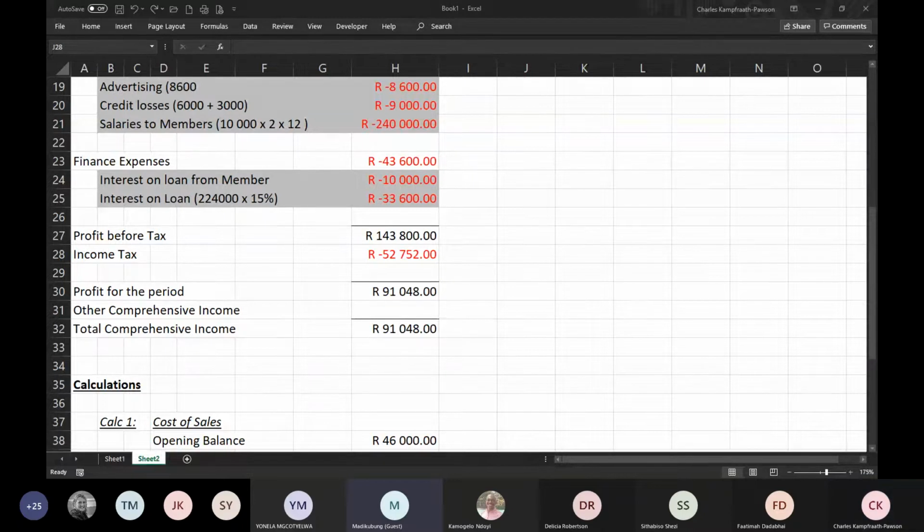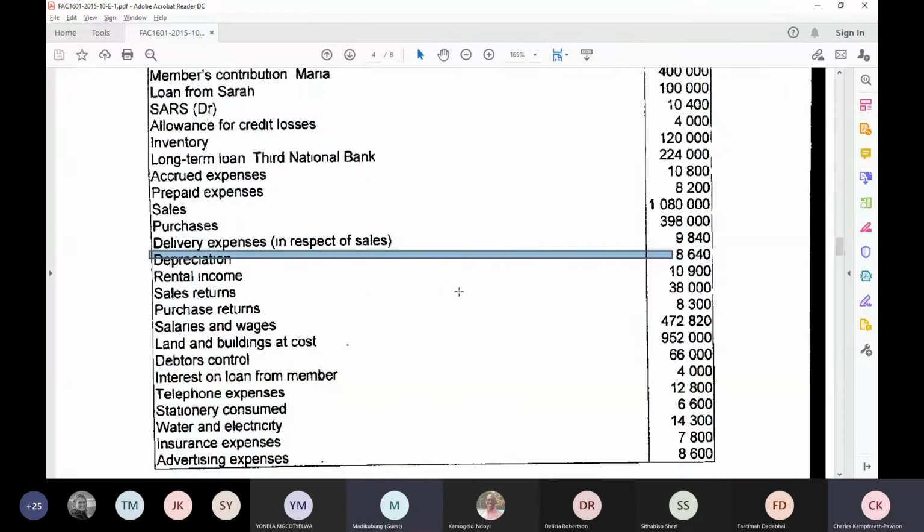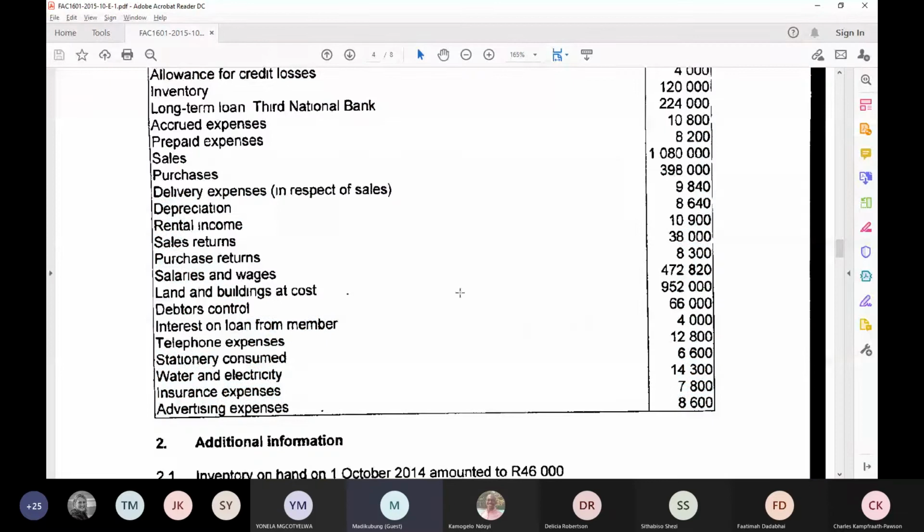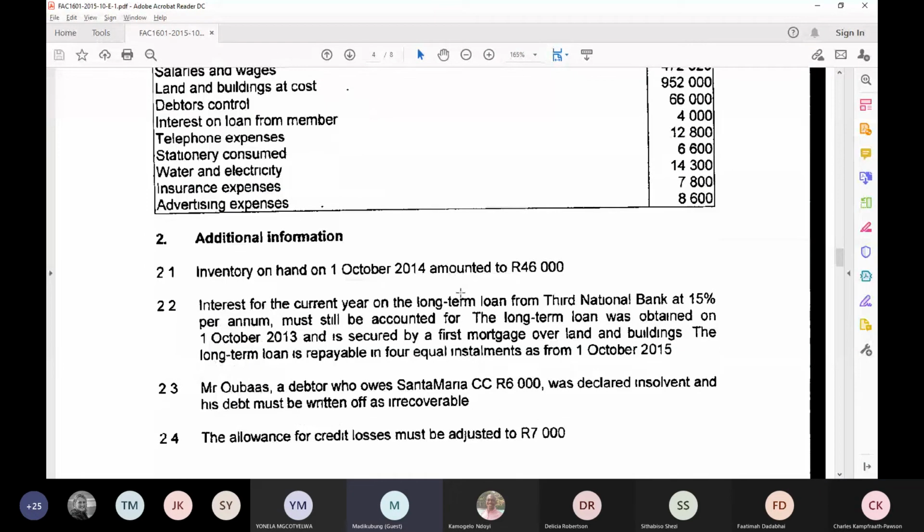On that interest, if we were to do the statement of financial position, that means the other portion will be under short term because it's payable from the 1st of October 2015. Correct. Will we deduct the short term portion from the other one? Yes, we will take the short term out of the long term and show it separately.